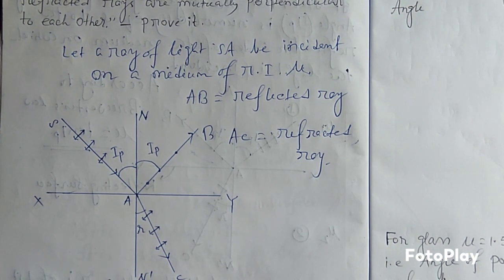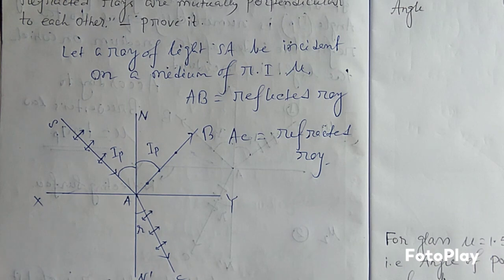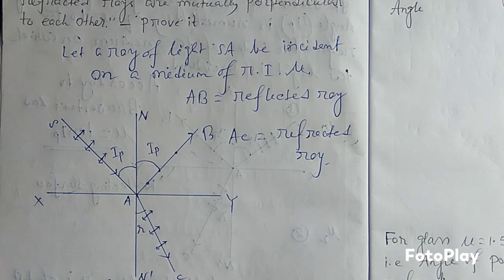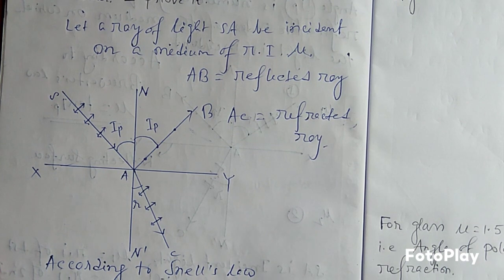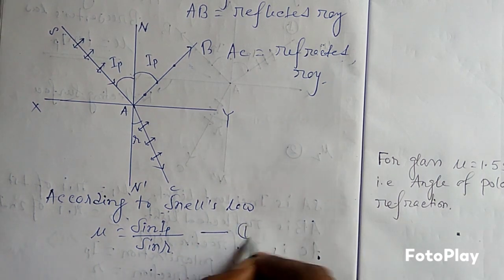According to Snell's law, mu equal to sine IP by sine R. This is equation number 1.